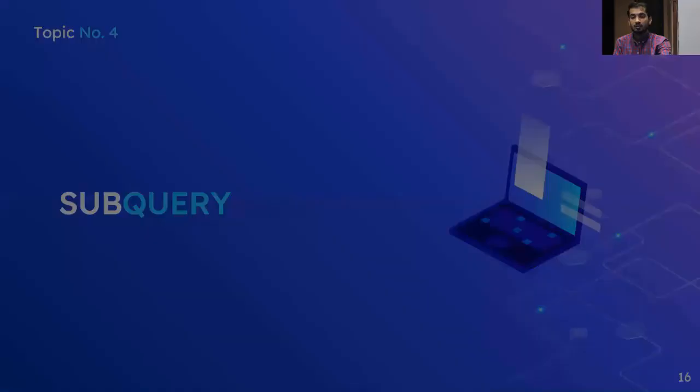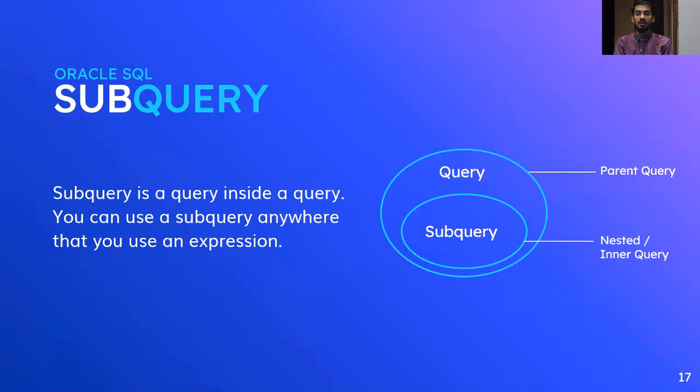Number four is subquery. So what is a subquery in Oracle SQL? A subquery is a query inside a query. You can use a subquery anywhere that you use an expression. You can see this in the graphic: the query and the subquery, the parent query and the nested inner query.